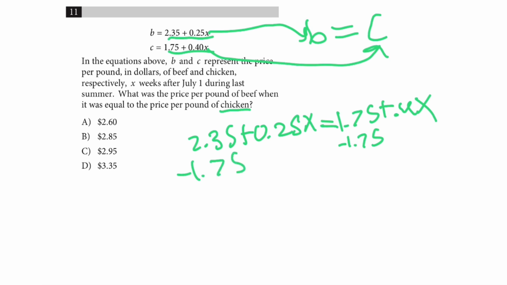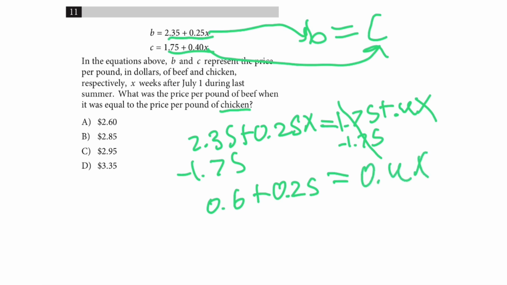Now in order to do this, we can start off by subtracting 1.75 from both sides. You'll be left with, on this side, 0.6 plus 0.25x. And that's all going to be equal to, these are going to cancel out to 0, 0.4x. So now your next step is going to be subtracting 0.25x from both sides.